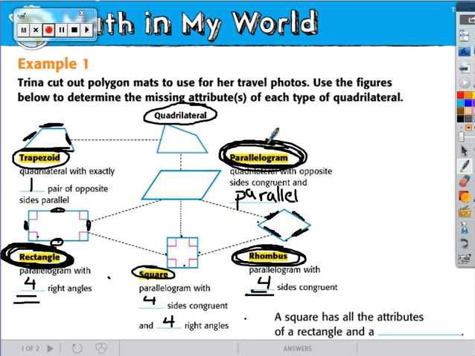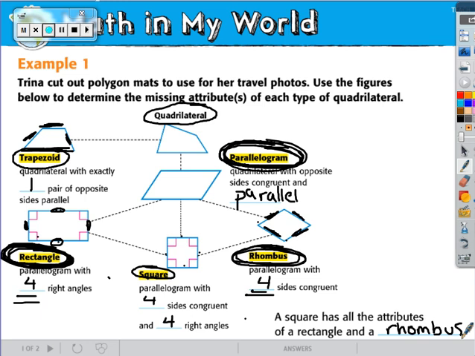So down on the bottom here, it says a square has all the attributes of a rectangle and a what? Rhombus. Attributes, characteristics.